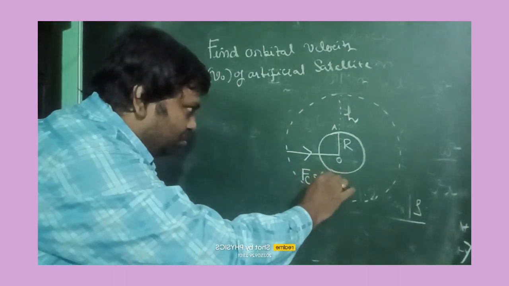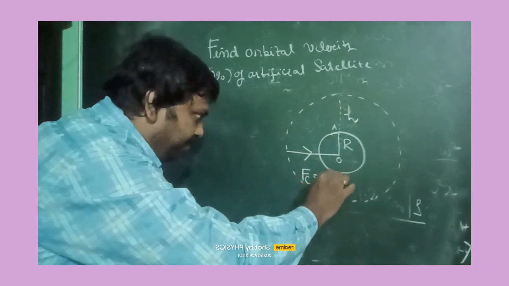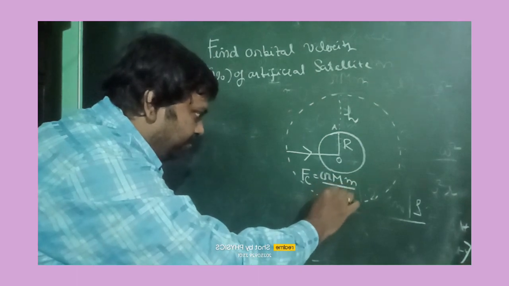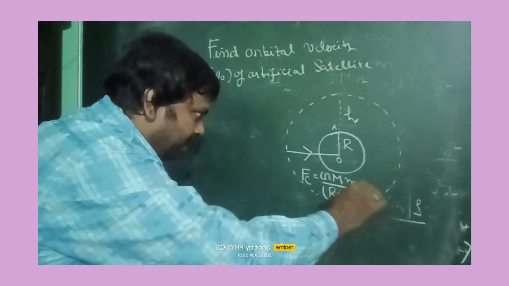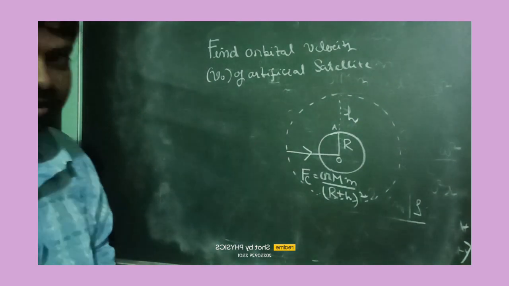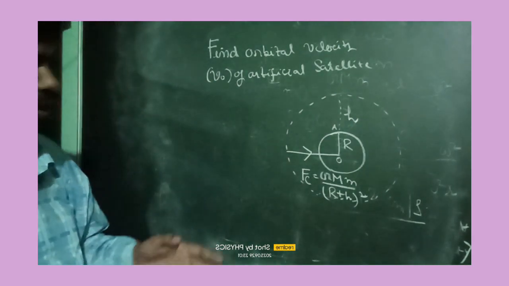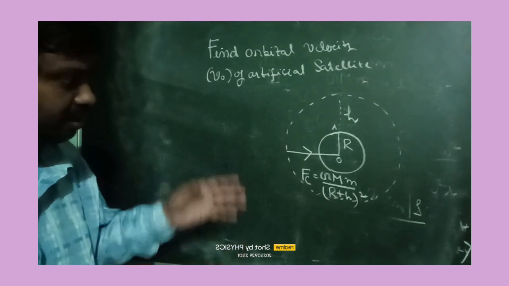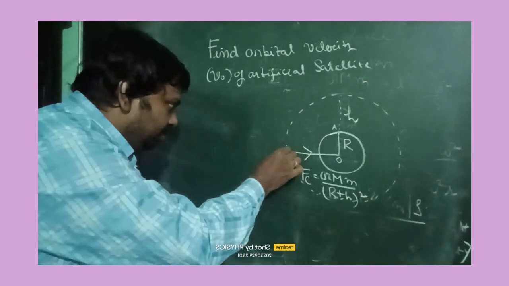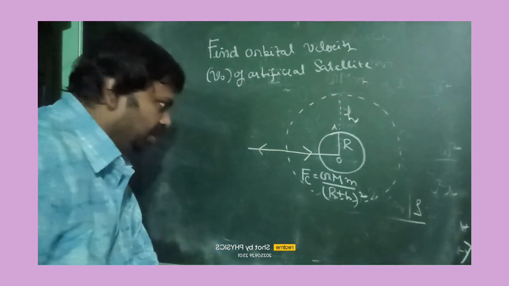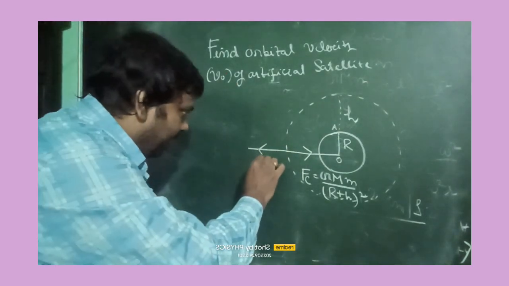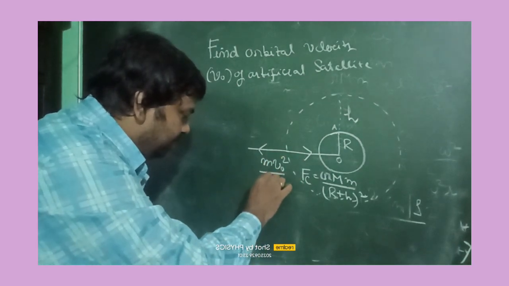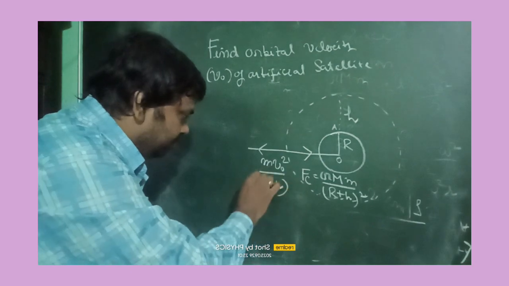Fc is equal to G into M into small m by (R plus h) whole square. Capital R is the radius of the Earth and small h is the altitude of the artificial satellite from the Earth's surface. Now the centrifugal force here is m v0 square by (R plus h).